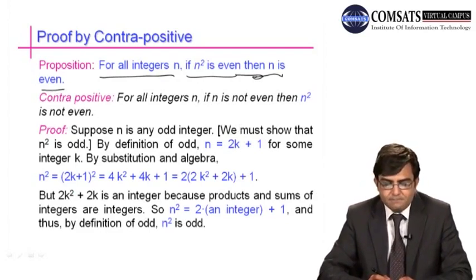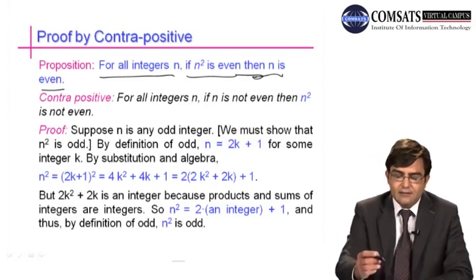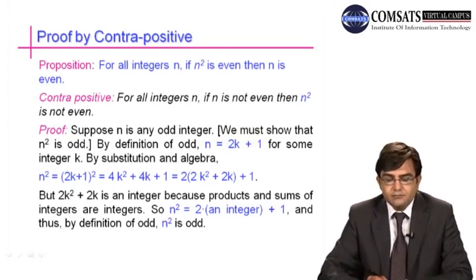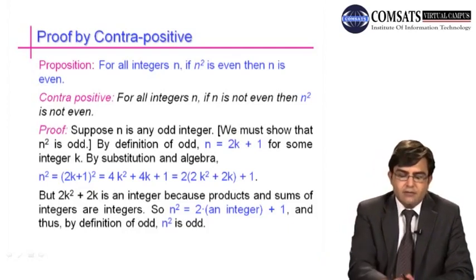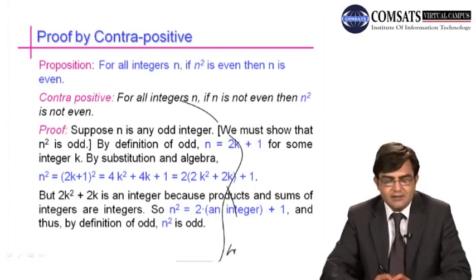First of all, this statement is written as a universal conditional statement: for all integers n, if n square is even, then n is even. We first write the contrapositive of the given statement: for all integers n, if n is not even, then n square is not even. This is the contrapositive of the given statement.